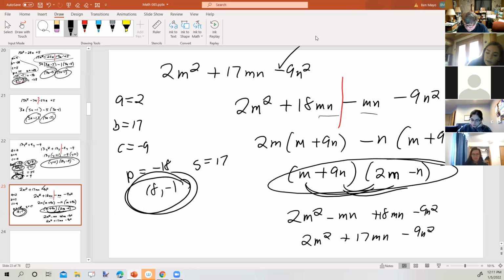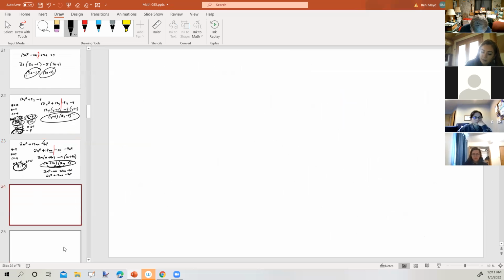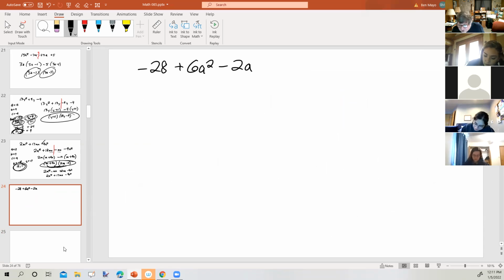Okay, ready to go on? Here, negative 28 plus 6a squared minus 2a. It's not in standard form, so let's fix it. 6a squared minus 2a minus 28. So now it's in standard form. Oh, but there's a greatest common factor, a 2.